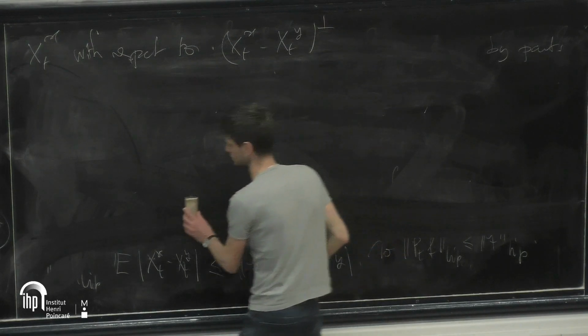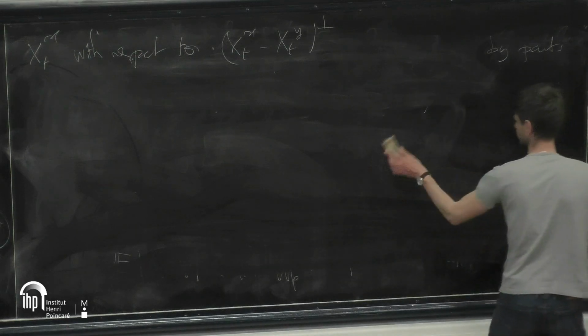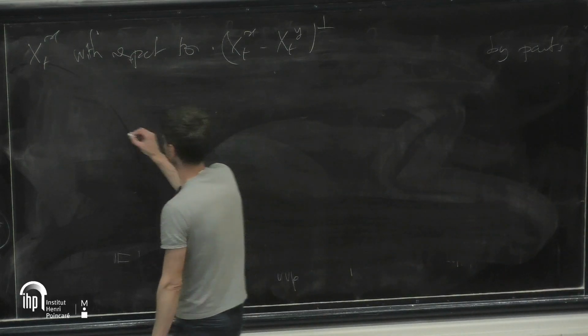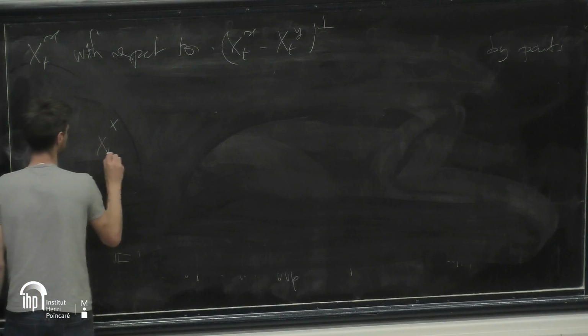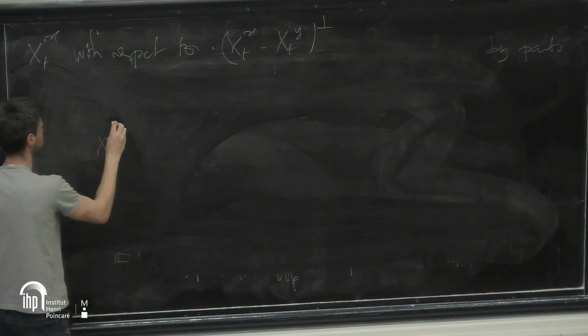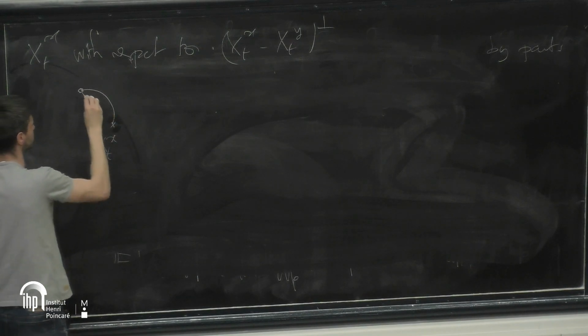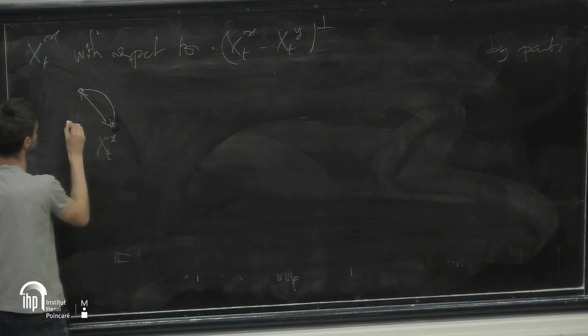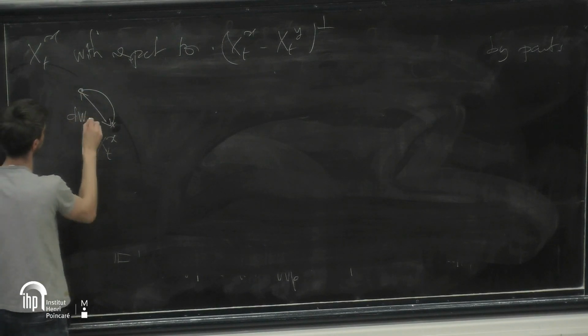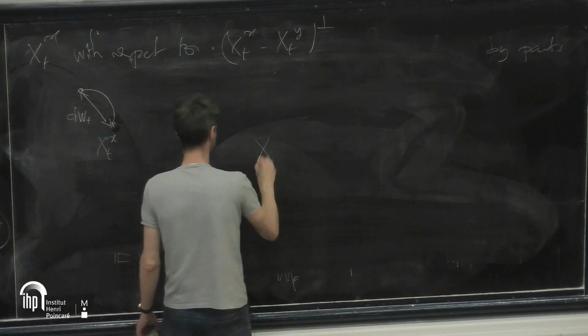Okay, so let me draw a picture. So suppose this is Xt^x. Then I will do some jumps, so some Brownian jump. So this will be like the dWt at Xt^x. And here this is Xt^y.